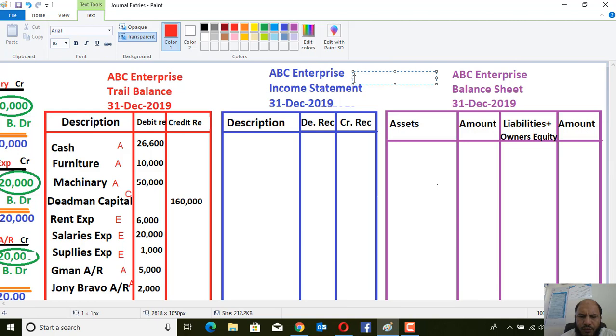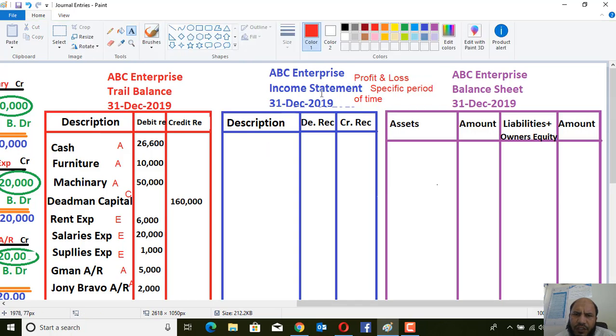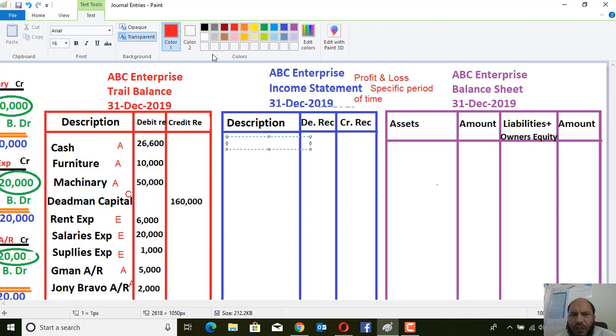What does it show us? This will show us the profit and loss at a specific period of time. So this is 31st December 2019 and we are preparing the income statement. Income statement is having two accounts. One, I will also again write down over here the revenue account minus the expenses account.